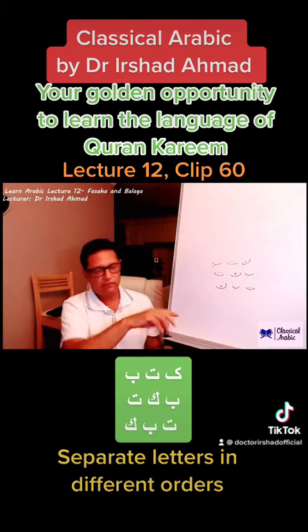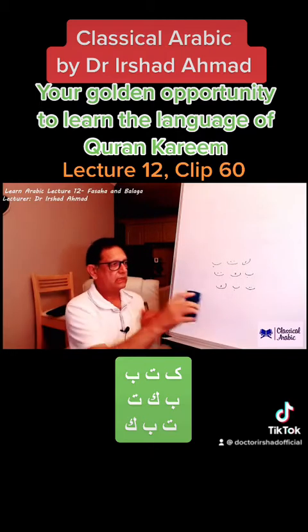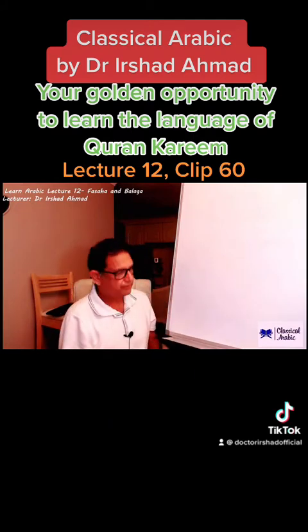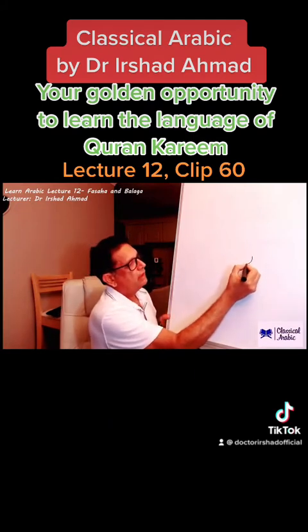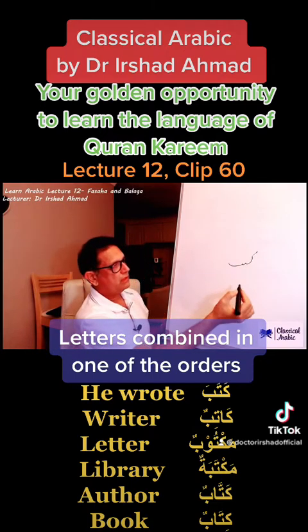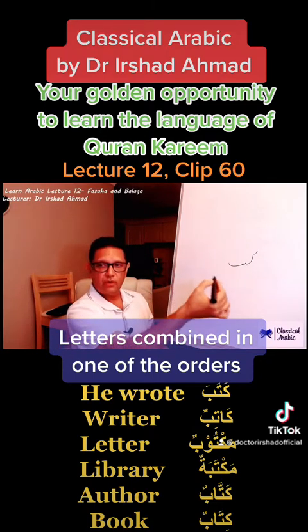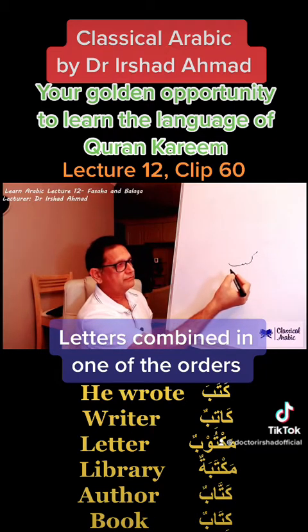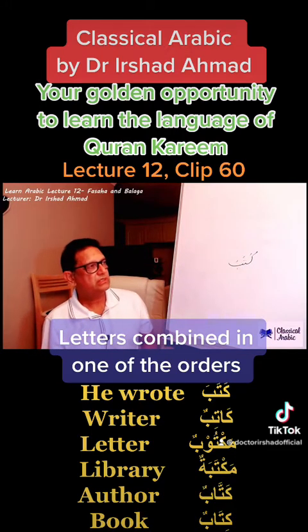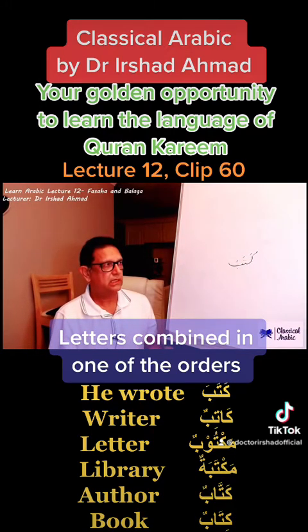For example, when we put kaf ta ba together in this order, rather than kaf ba ta, I put them together and join them by these vowels which are haraka. So fatha, fatha, fatha. So what I have done is I've generated a verb here which is past tense. He wrote, kaf ta ba.